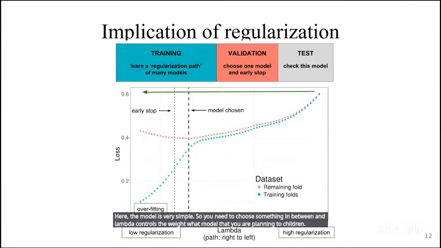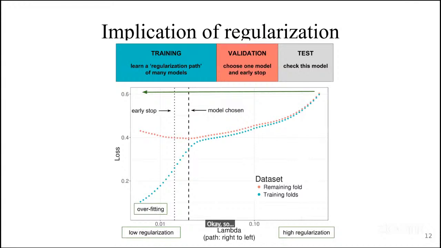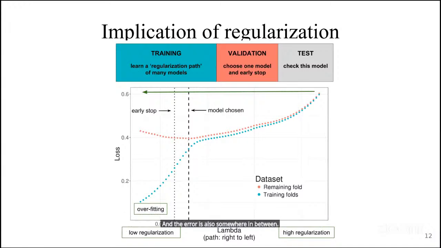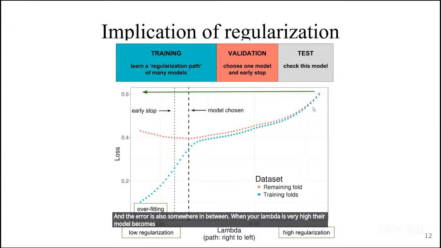Okay, so that's what it is. Where you have low regularization, the model becomes very complex, and the error is also somewhere in between. When your lambda is very high, your model becomes very simple, and your error again becomes very high.